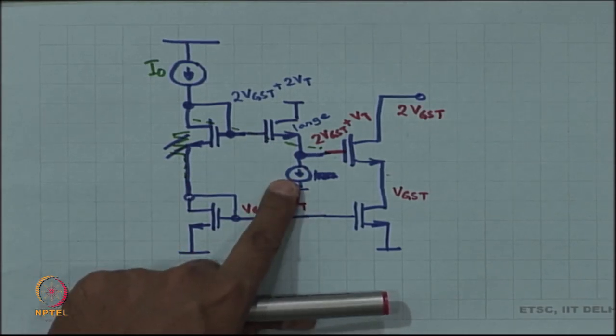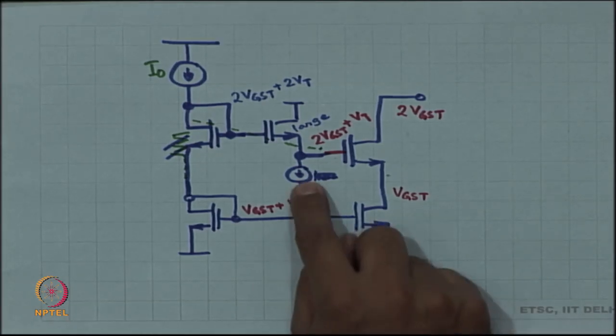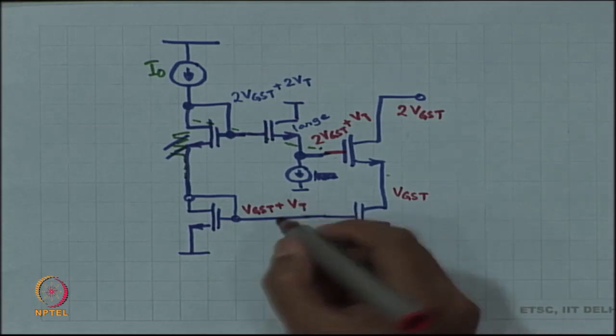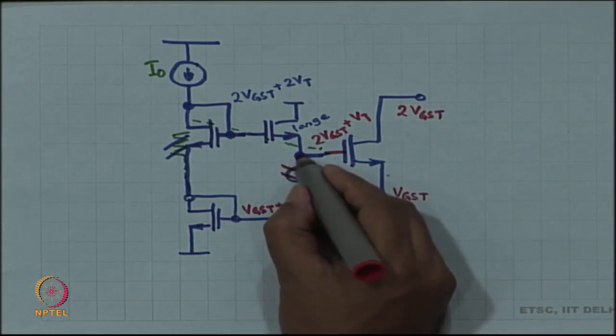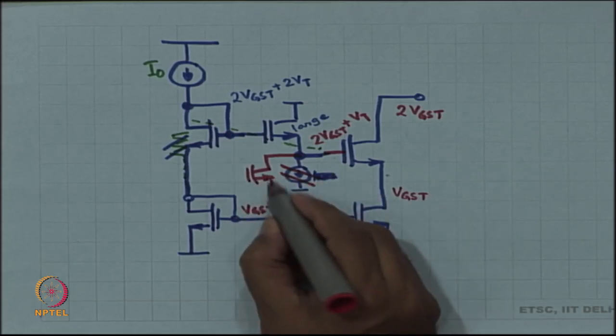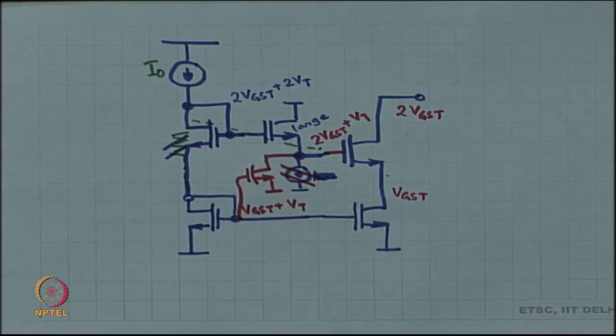All I now have to do is pull a very large current. How will you pull a very large current? I am sorry, a reasonable current, more or less equal to this. So, put another mirror over here, coming from the same reference.